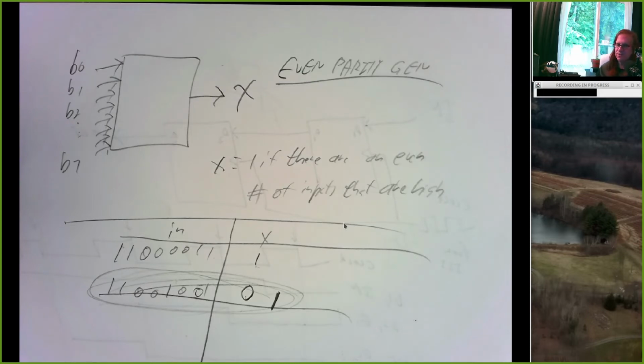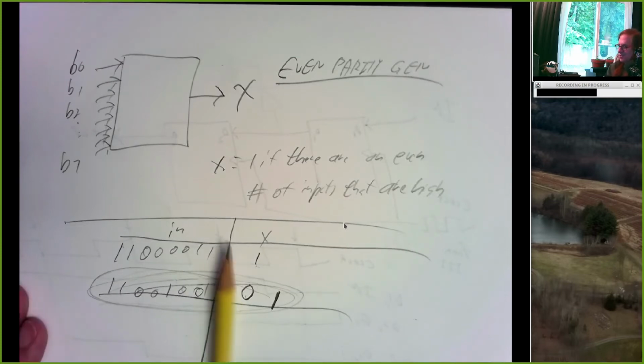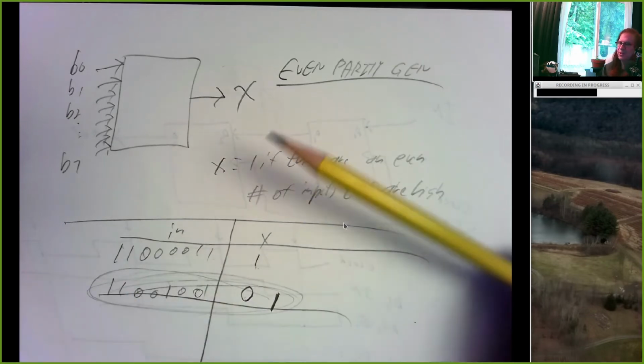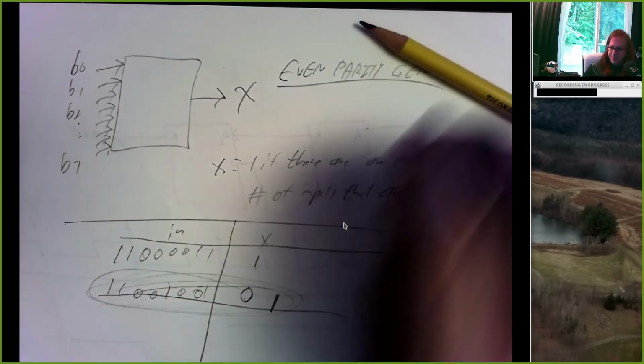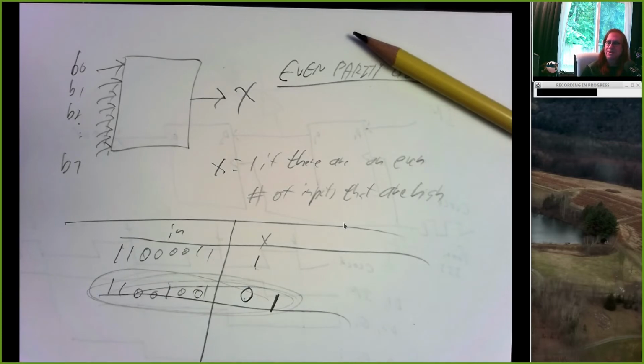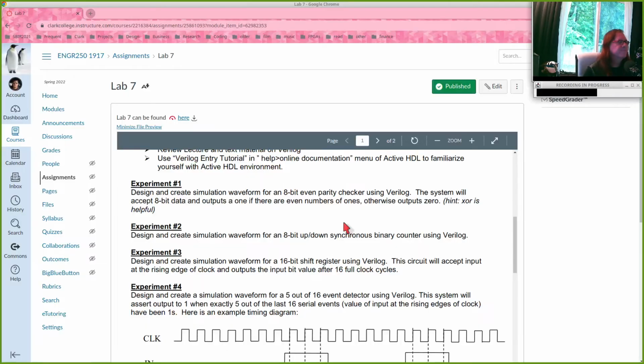With 8 inputs, we need some kind of hyperdimensional blackboard that we can draw, you know, 6-dimensional cubes on. And that's a pain. And if we just tried to write a sum of products, it's going to have 128 product terms all ORed together. So doing this with combinational logic is a pain. But doing this in Verilog is going to be relatively simple.